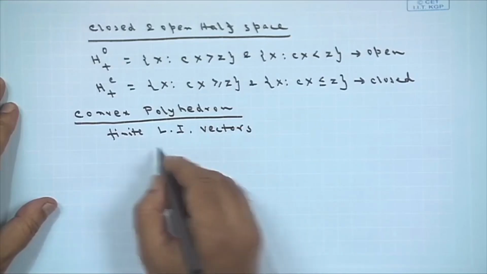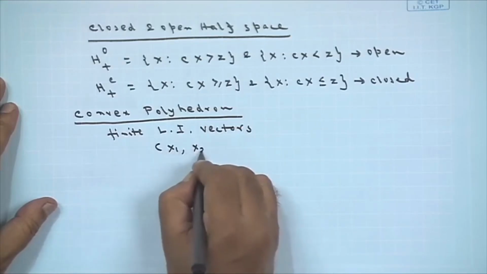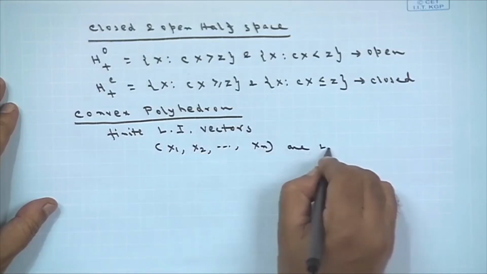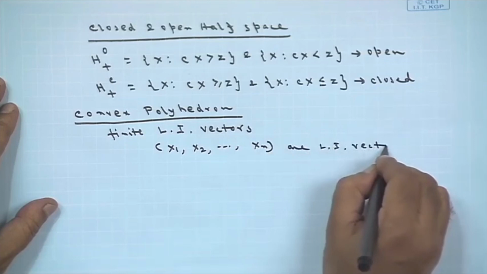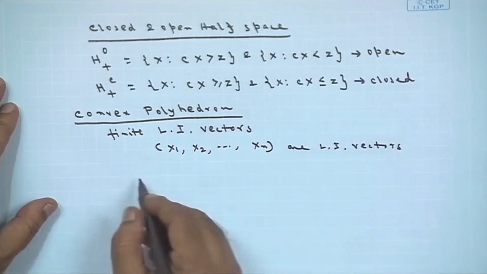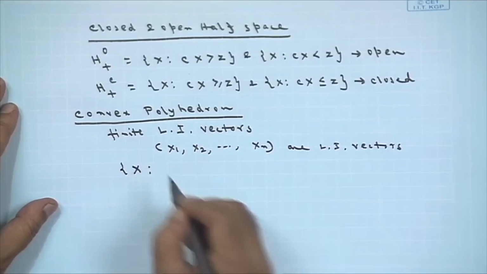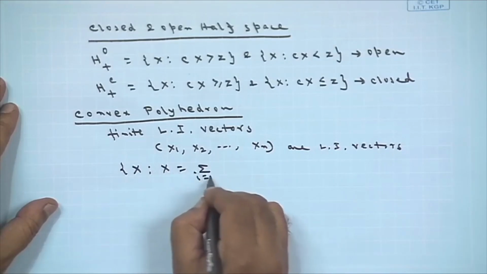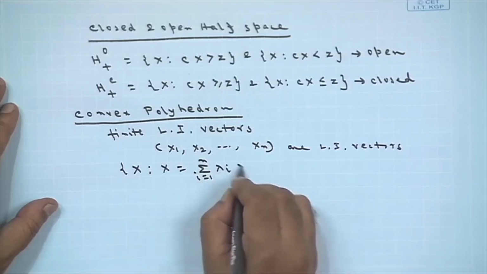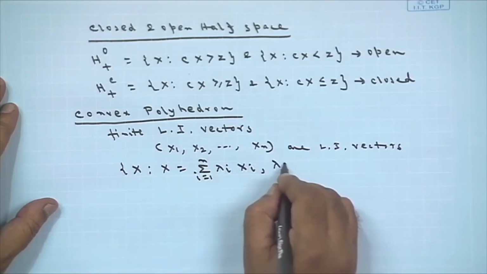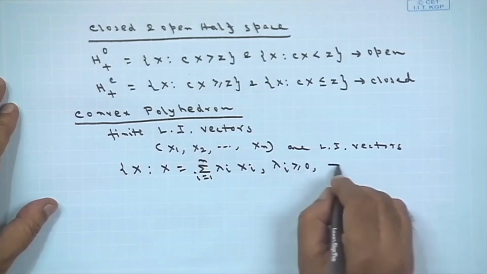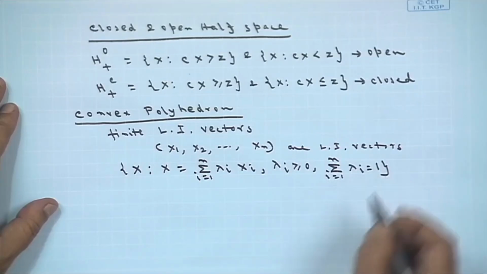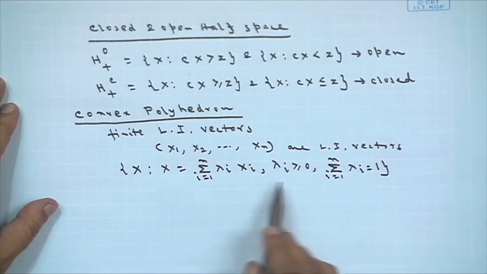Mathematically, if x 1, x 2, up to x n are linearly independent vectors, then the set of x such that x equals summation i equals 1 to n lambda i x i, where lambda i greater than or equal to 0 and the sum of all these lambda i's is equal to 1, is known as one convex polyhedron.